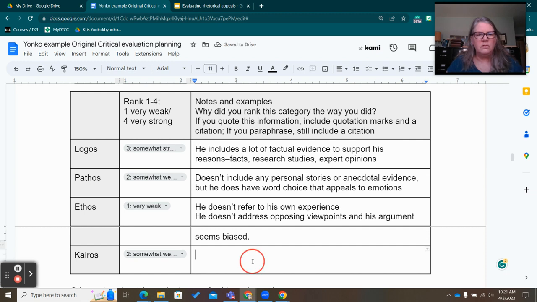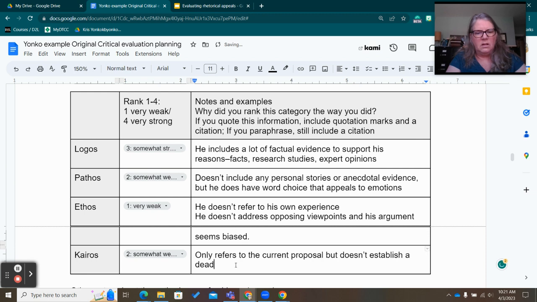Kairos, he only refers to the current proposal, but doesn't establish a deadline for action.